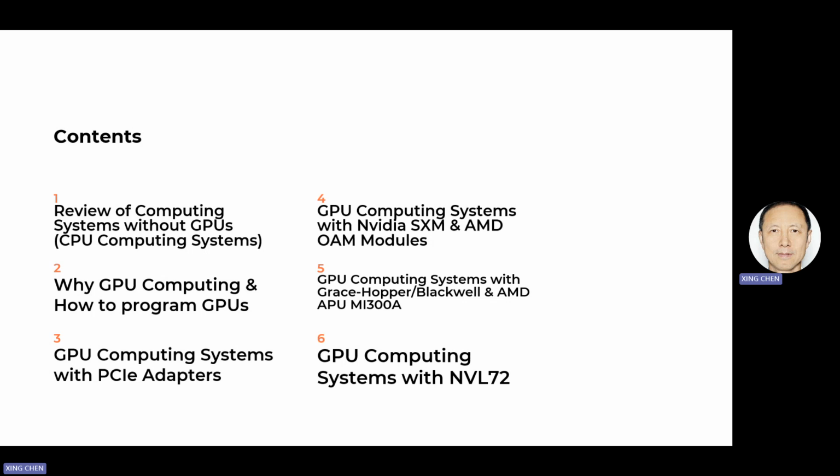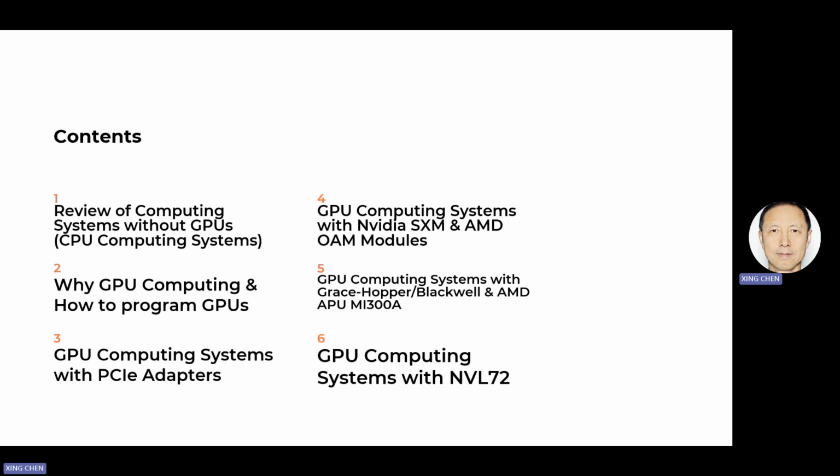Section 1 is the review of computing systems without GPUs. We are going to have a look at the traditional CPU computing system without any GPUs. The reason for doing that before going directly to GPU computing is that GPU computing doesn't exist without the CPU, and the GPU depends on the CPU to function correctly.